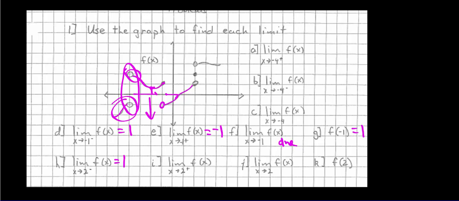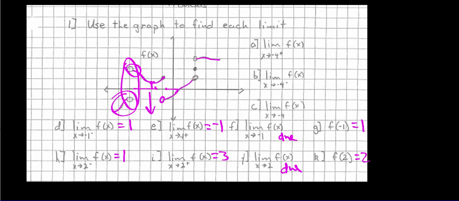If you're approaching from the right, you're up here, and you notice that's 3. Therefore, the limit overall does not exist. And f of 2, it looks like, is 2. So that's what you need to keep in mind when you're looking at the graph trying to determine a limit.